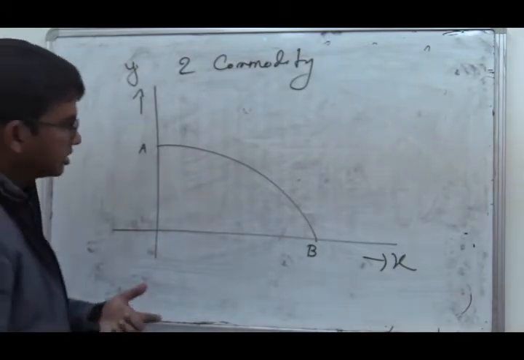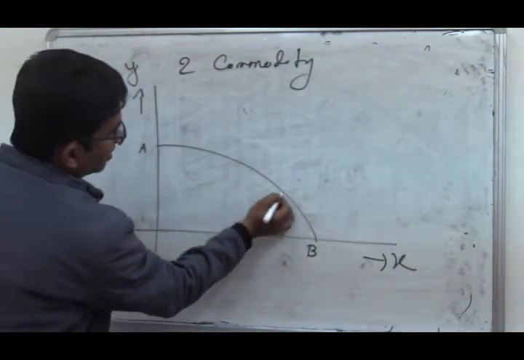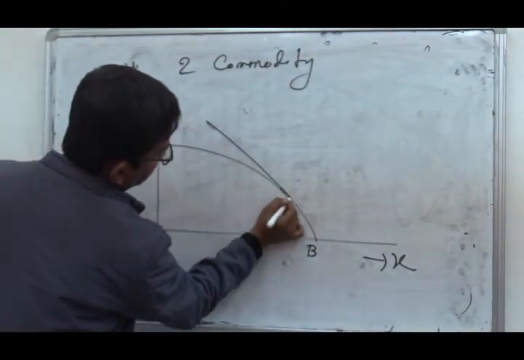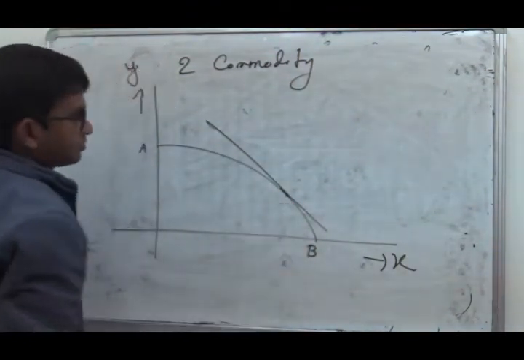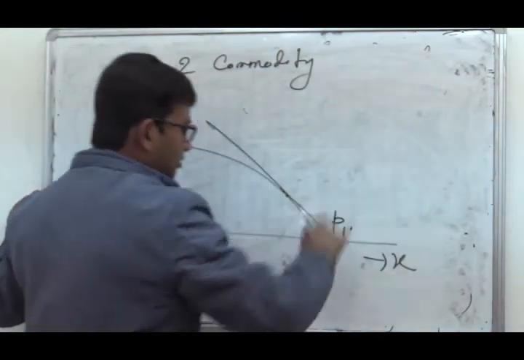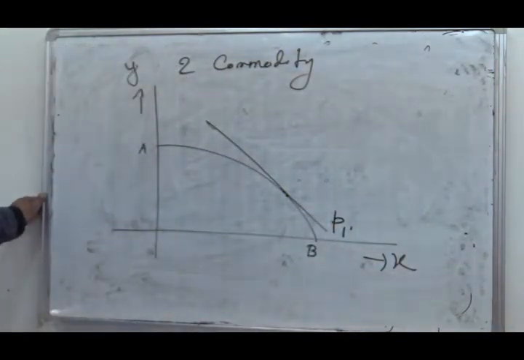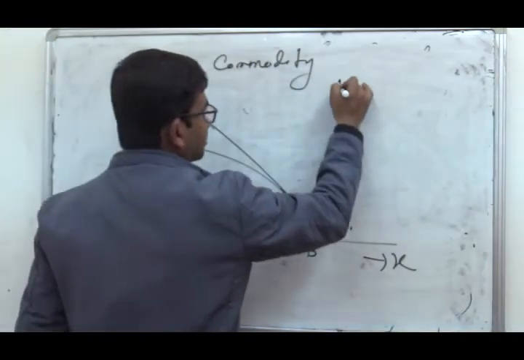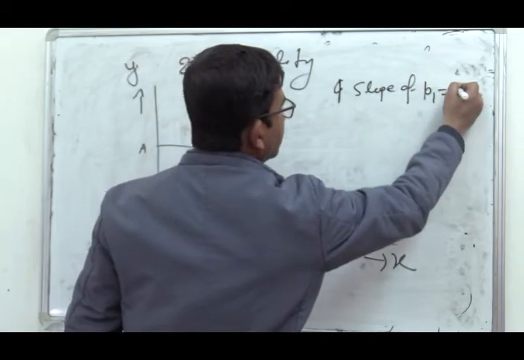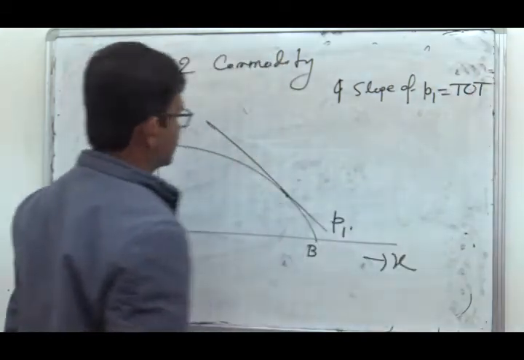Now first let us consider the pre-tariff production and consumption equilibrium of the country. So small p1 is our international terms of trade. So the slope of p1 equals the international terms of trade right now.